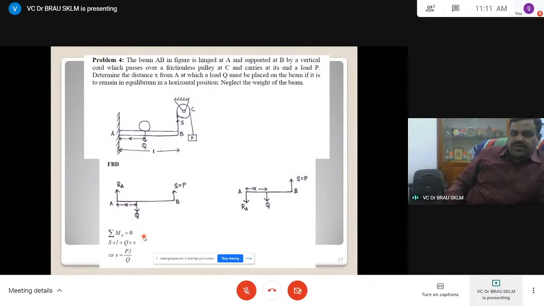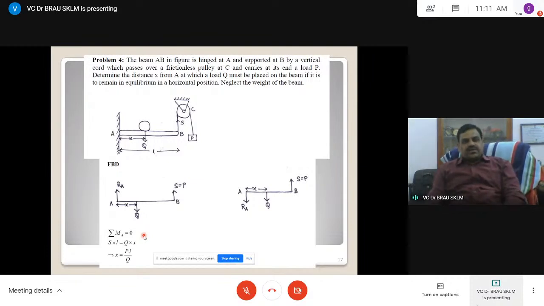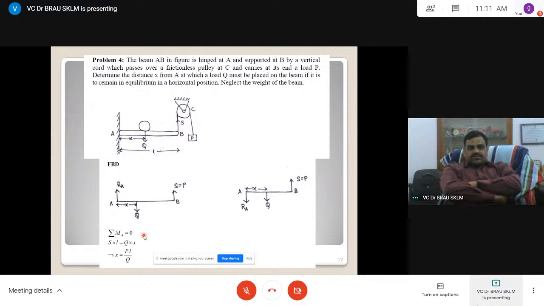A beam AB as shown in the figure is hinged at point A. Hinge means two reactions, RAX and RAY, and it is supported at B by a vertical cord which passes over a frictionless pulley at C and carries at its end a load P.